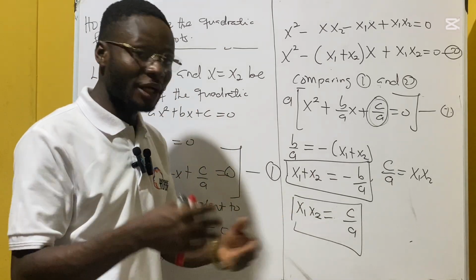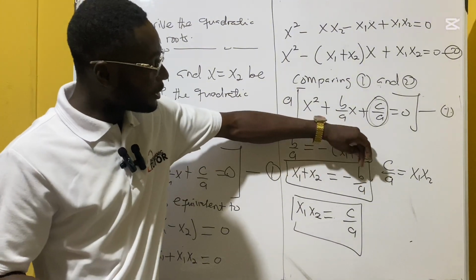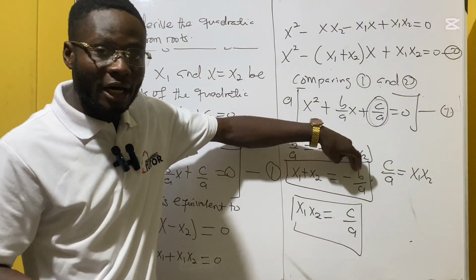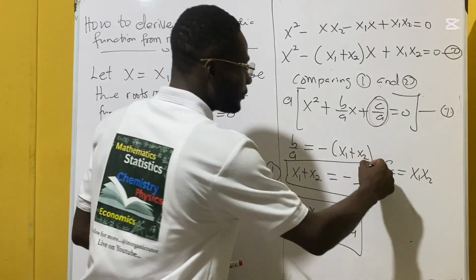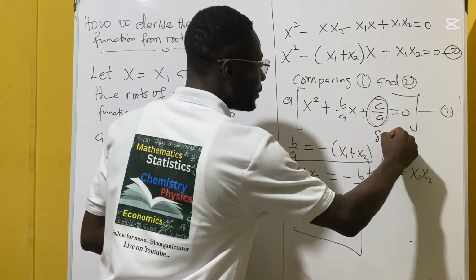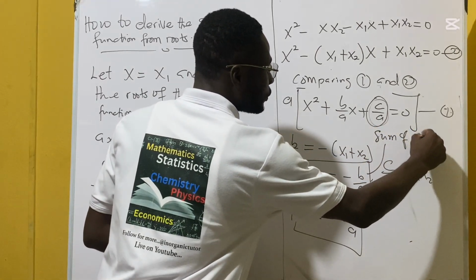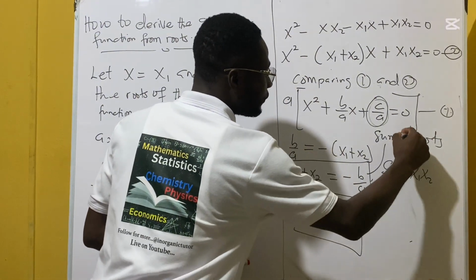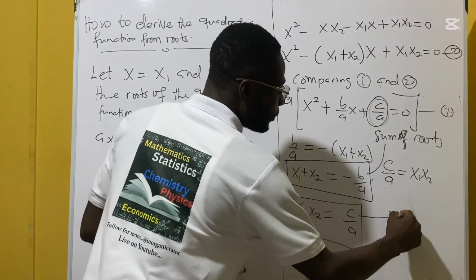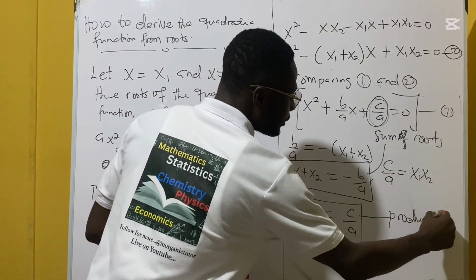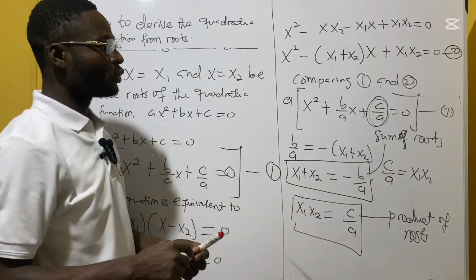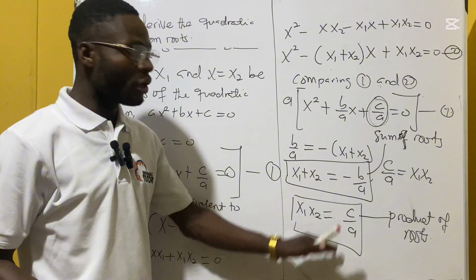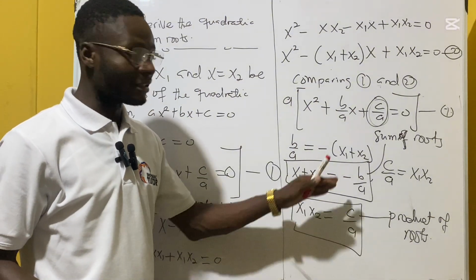Once you have those values, you substitute, and you have your sum of roots and product of roots. That is basically how we obtain the product of roots and sum of roots.